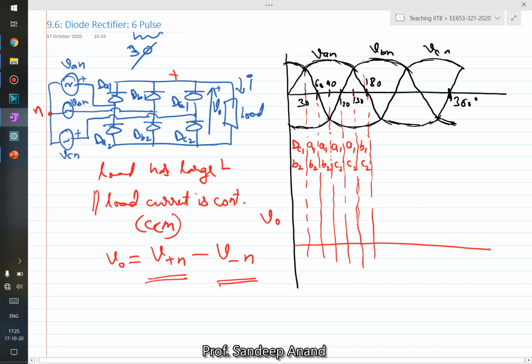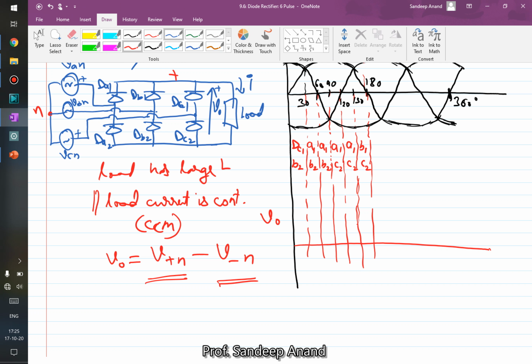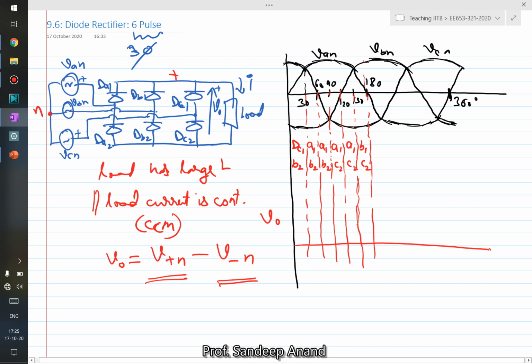Between 0 to 30 degrees, since C1 is conducting from the top, the top part is nothing but VCN, and since B2 is conducting at the bottom, this is nothing but VBN. So VO is VCN minus VBN.